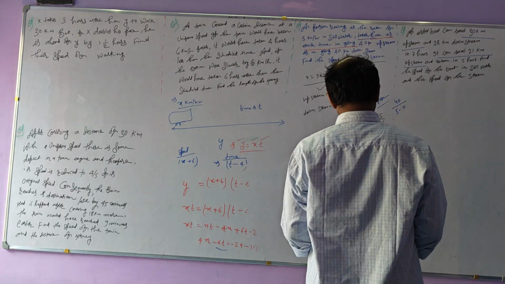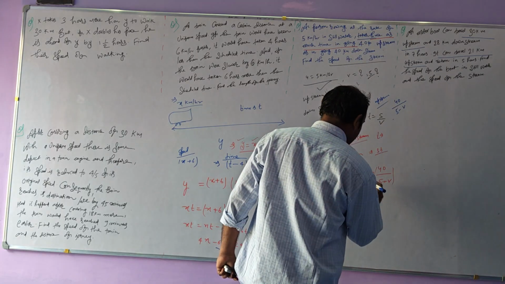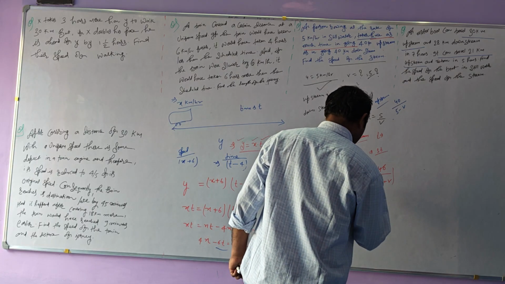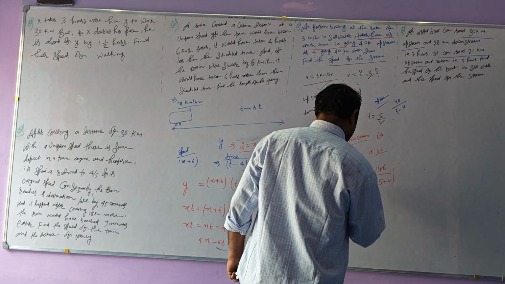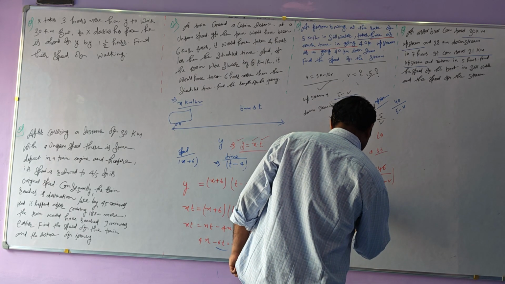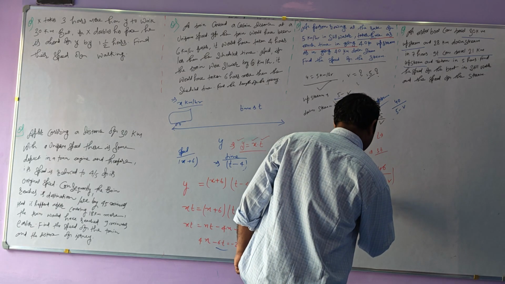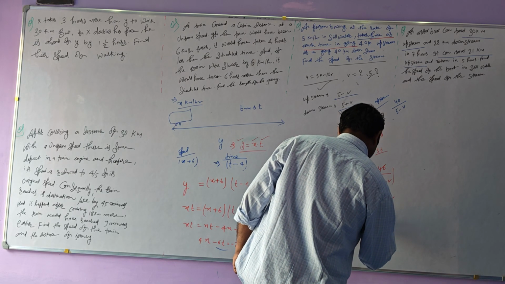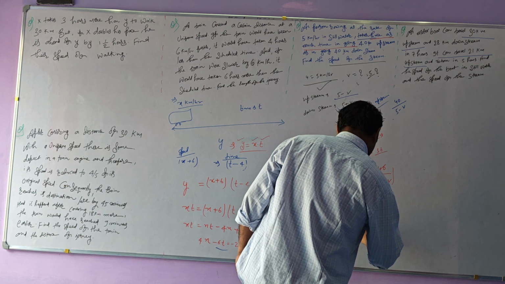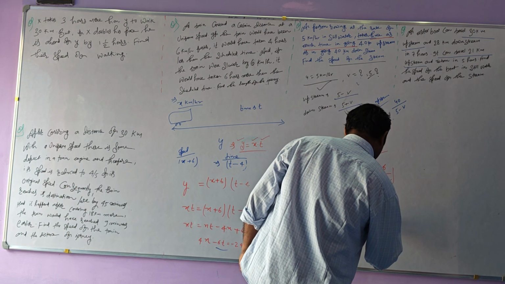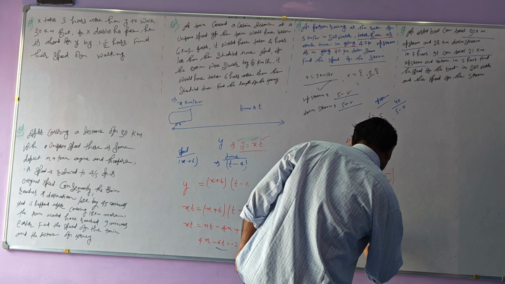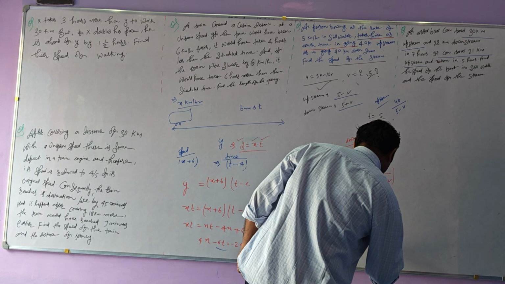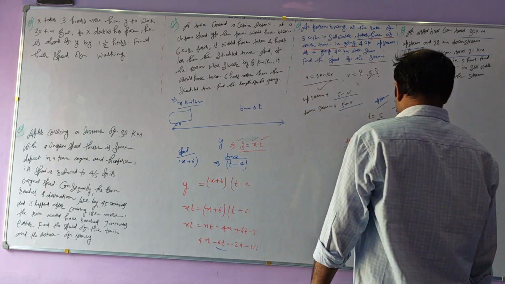When we compare the equation, the 40 cancels and directly 15 minus 3b is equal to 5 plus b, that becomes 10 is equal to 4b, b is equal to 5 upon 2, and that is our speed of stream.